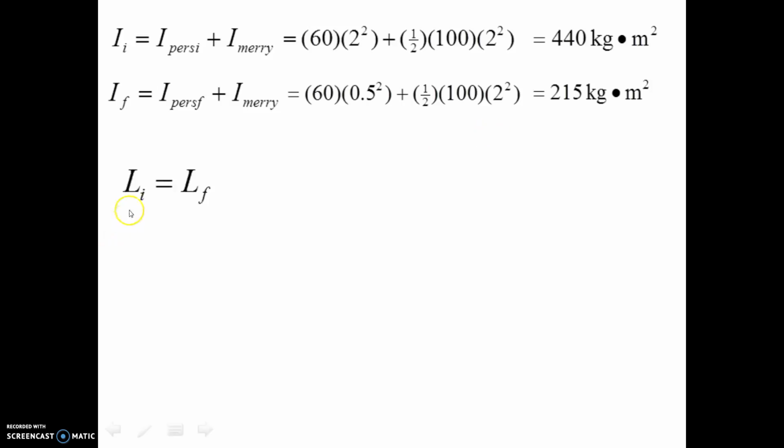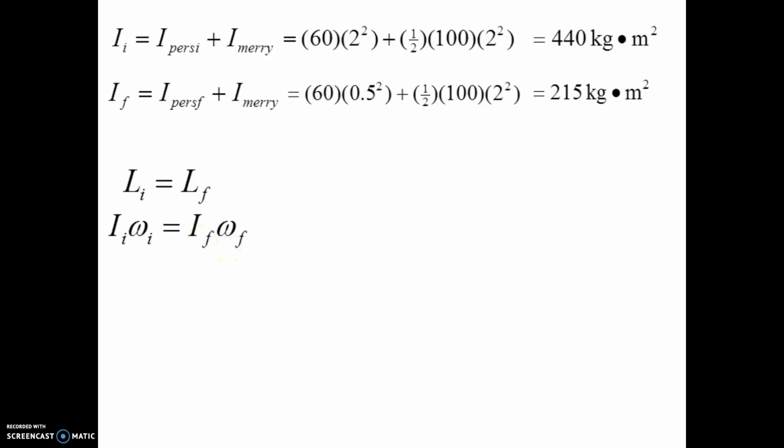Like I said earlier, angular momentum is conserved, so the initial will equal the final. The initial angular momentum is the initial moment of inertia times the initial angular speed, and that'll be equal to the final moment of inertia times the final angular speed.